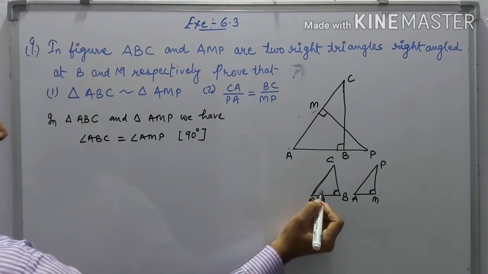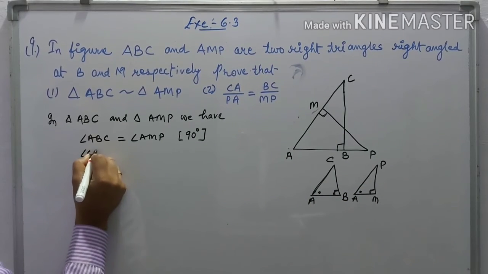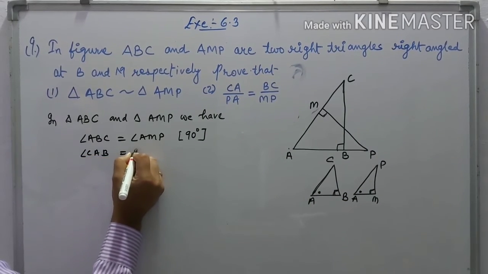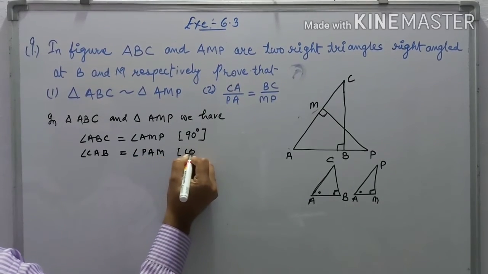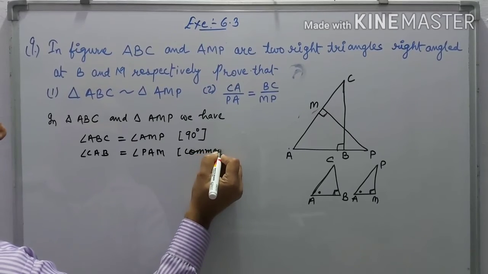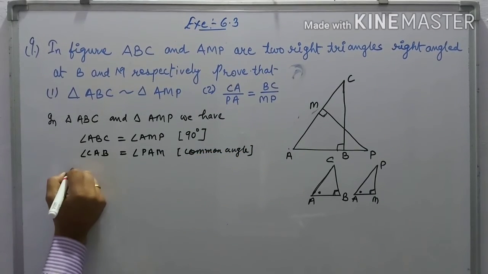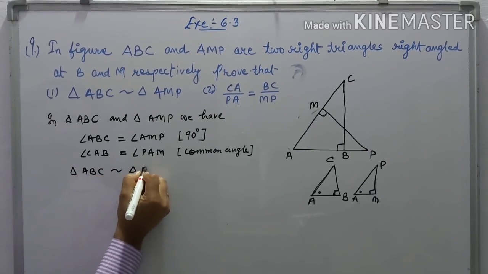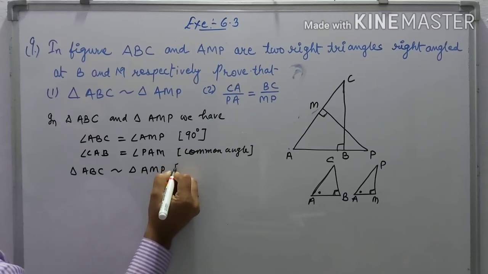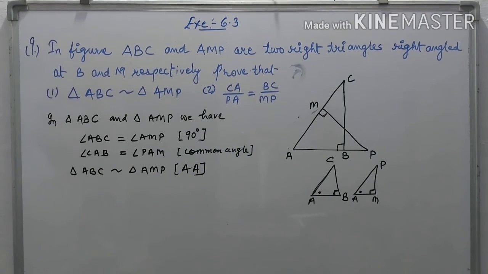And second, angle A and angle A is common, angle CAB is equal to angle PAM. It is the common angle. Now write triangle ABC is similar to triangle AMP, by angle-angle similarity.